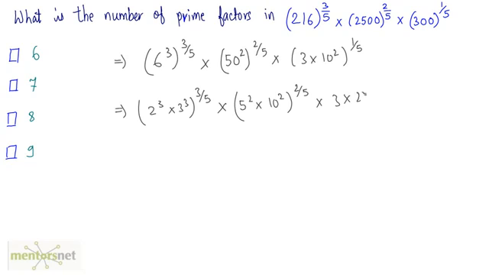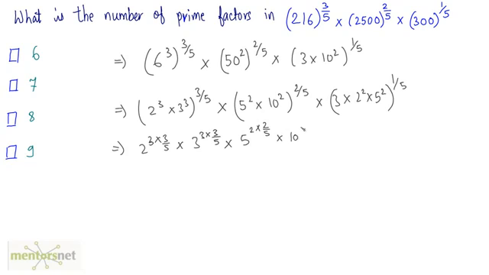So 10 square is 2 square times 5 square, and I have the power there raised to 1 by 5. So this is equals to, we can simplify it as 2 raised to 3 times 3 by 5. So 2 raised to 3 times 3 by 5 multiplied by 3 raised to 3 times 3 by 5 times 5 raised to 2 times 2 by 5 multiplied by 10 raised to 2 times 2 by 5, but 10 can be written as, let us simplify it later, let us keep it as it is.